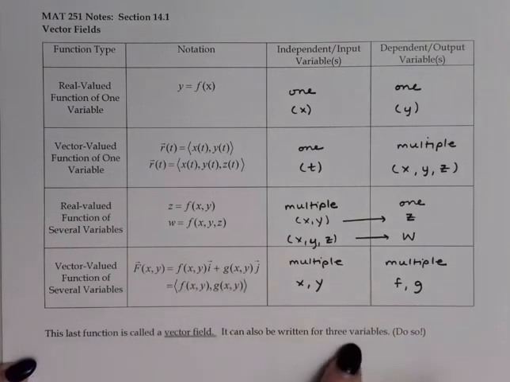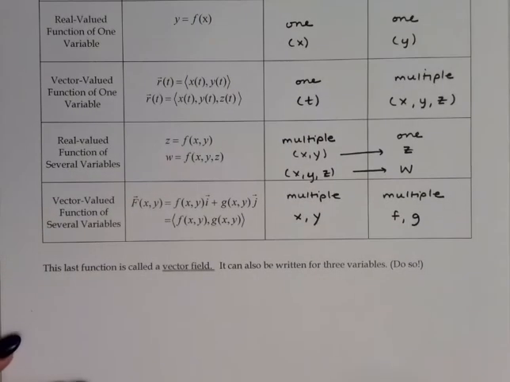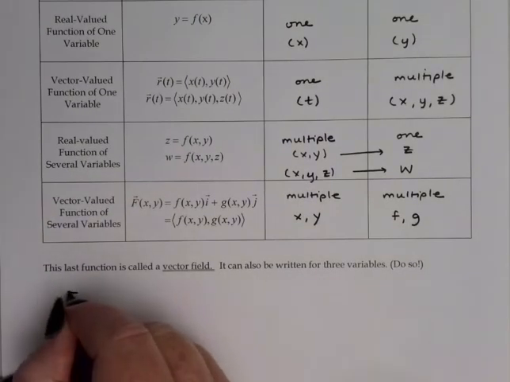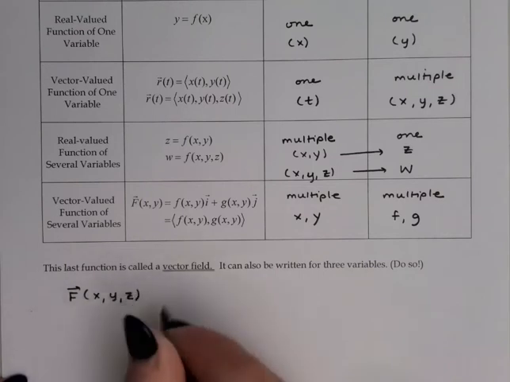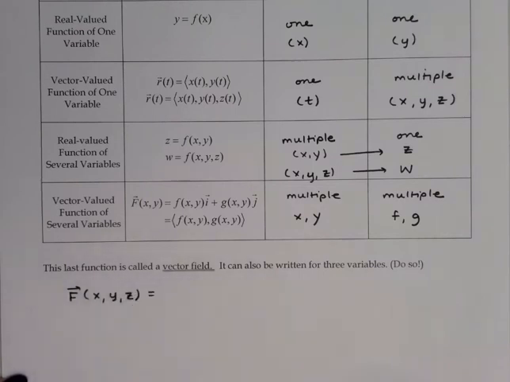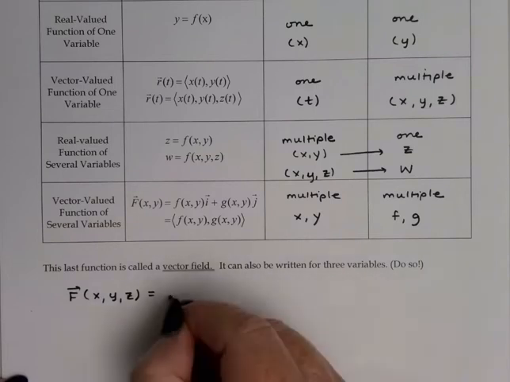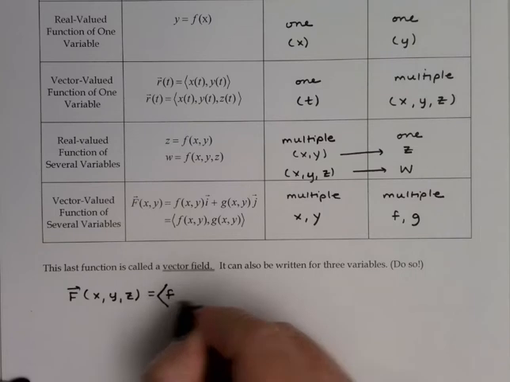We can also write this for three variables, so just for practice, let's do that. If I had three inputs, x, y, and z, I might then have a three-dimensional output as well. I'm going to write it in vector form.